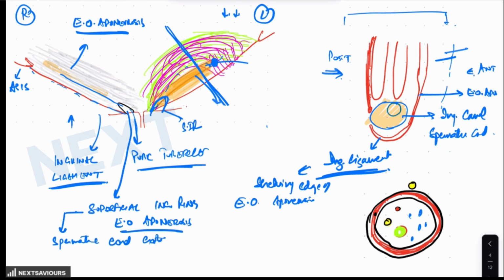On the caudal aspect, inferiorly, it shelves around itself and forms a structure called the inguinal ligament, which houses the inguinal canal, containing the spermatic cord in the male and the round ligament in the female.